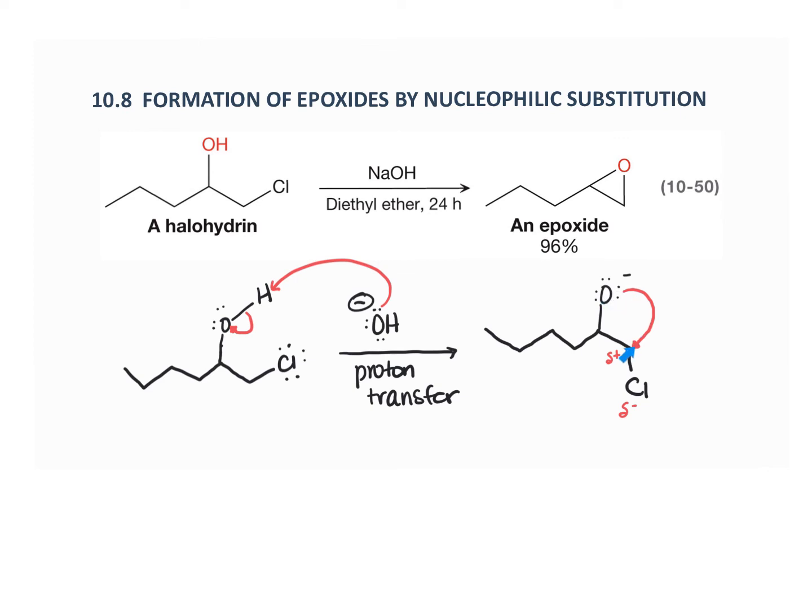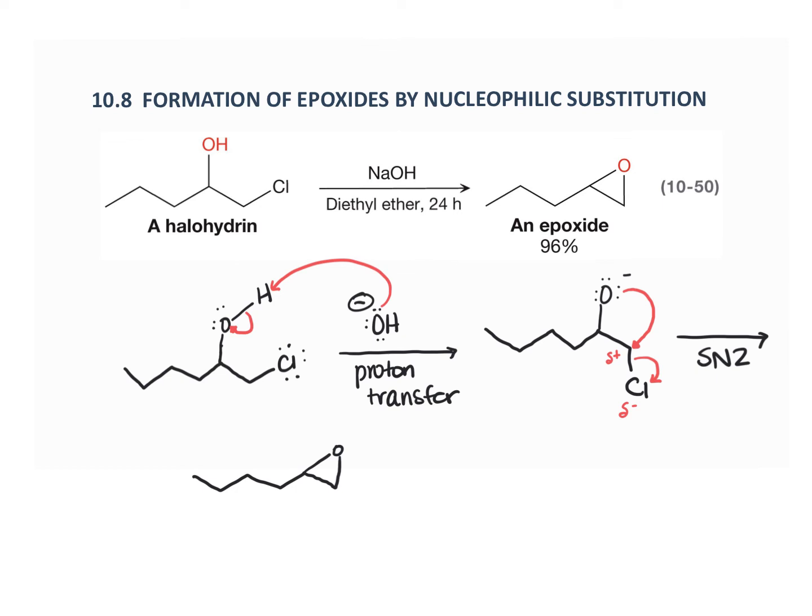So it kind of forms a new bond between these molecules. Now when it does this, it bumps off the chlorine. So this is an SN2 reaction. And so we get that epoxide there. And so that's the mechanism.